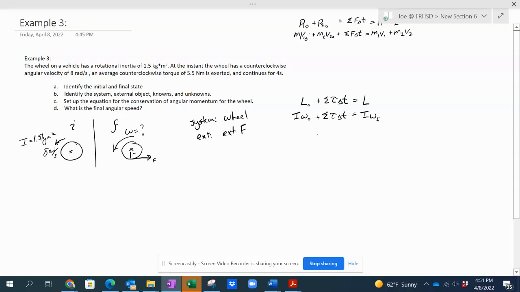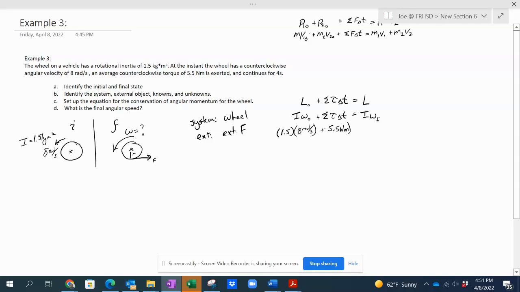So here we have everything labeled. We know initially that it has a rotational inertia of 1.5 and is rotating at 8 radians per second. The torque exerted is 5.5 Newton meters.